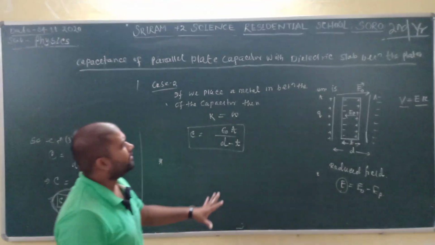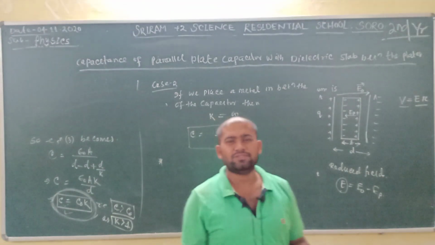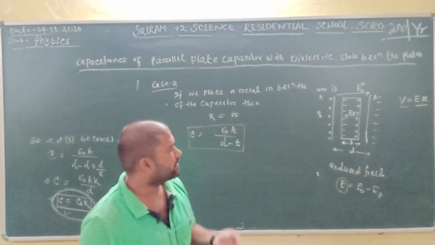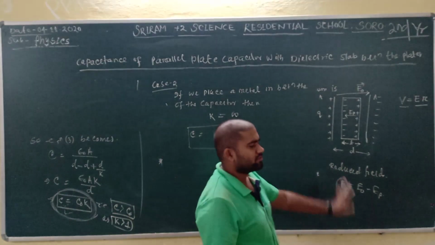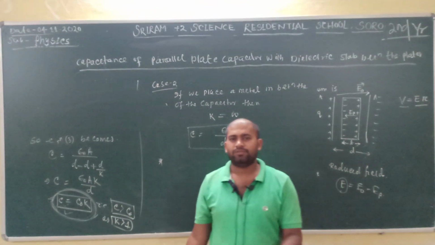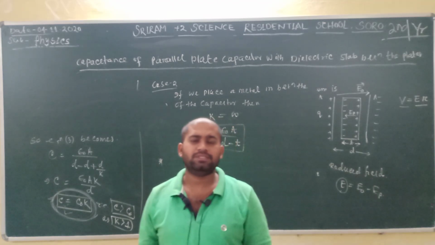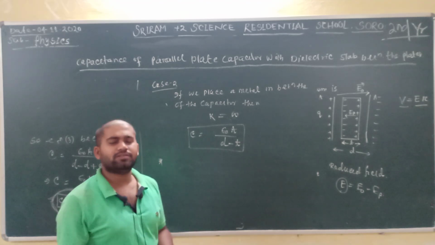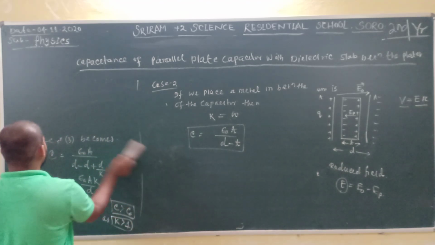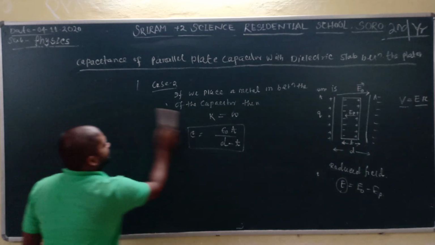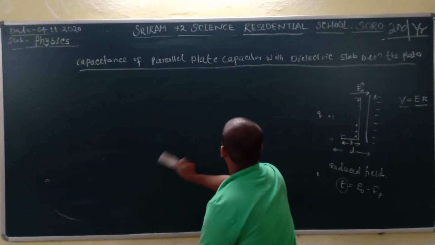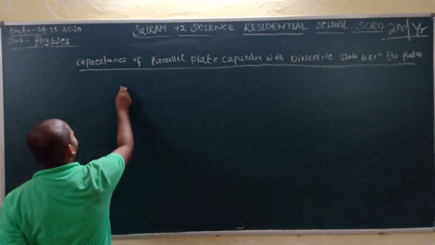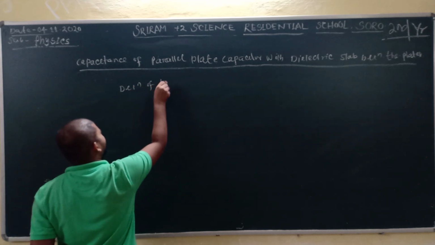I think all of you understand that the capacitance of a parallel plate capacitor depends on the dielectric slab, and the relation indicates that the capacitance of a parallel plate capacitor increases when we place a dielectric slab in between the plates.